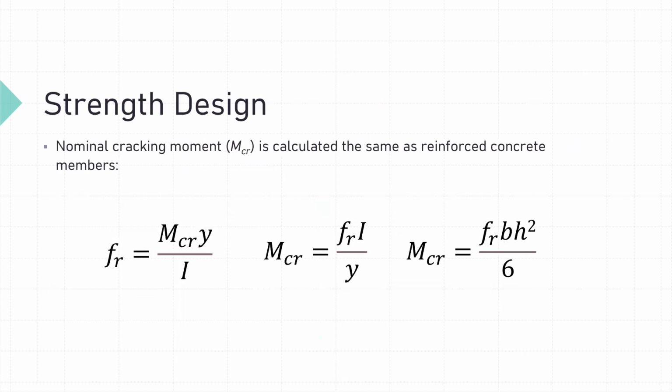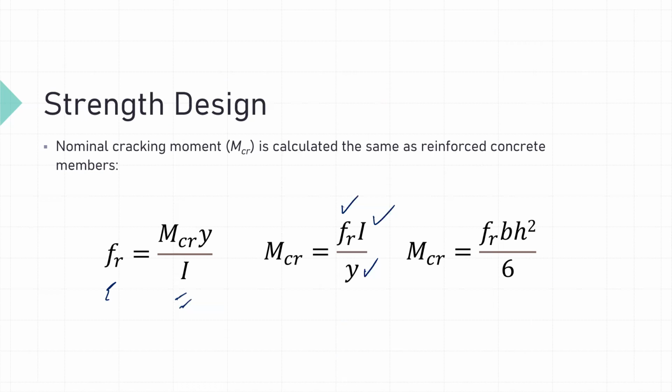And to calculate our nominal cracking moment, M sub CR, we're going to do that exactly the same as we would for a reinforced concrete member, which most people are familiar with. So we have our modulus of rupture f sub r, and that's going to equal My over I, which if we took statics or mechanics of materials in college, that equation should be very familiar. So if we rearrange that in terms of our cracking moment, our cracking moment equals our modulus of rupture times I, our moment of inertia, divided by y, our distance between our neutral axis and our extreme fiber.